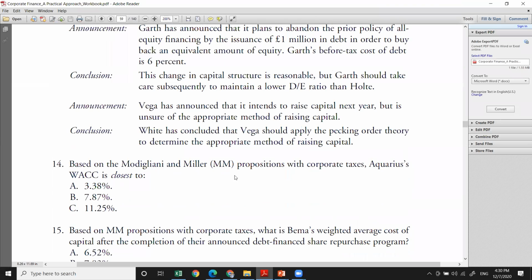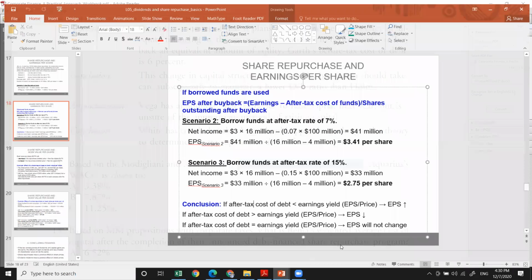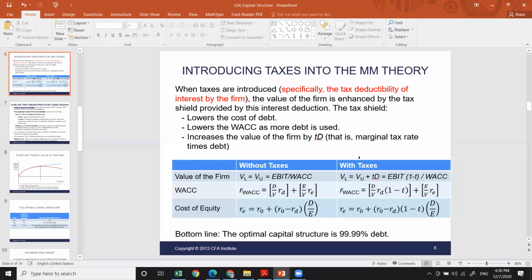Based on the proposition with corporate tax, this is the key point. The WACC is closest to, which means you have to use the right side formulas.